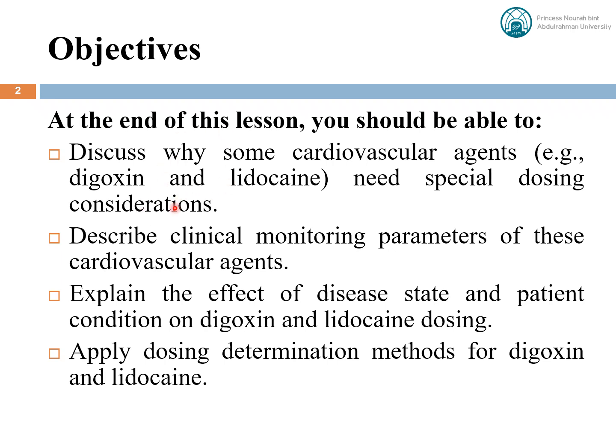Then we will describe the clinical monitoring parameters of these agents, and you should be able to explain the effect of disease state and patient conditions on digoxin and lidocaine dosing, as well as applying dosing determination methods for digoxin and lidocaine.